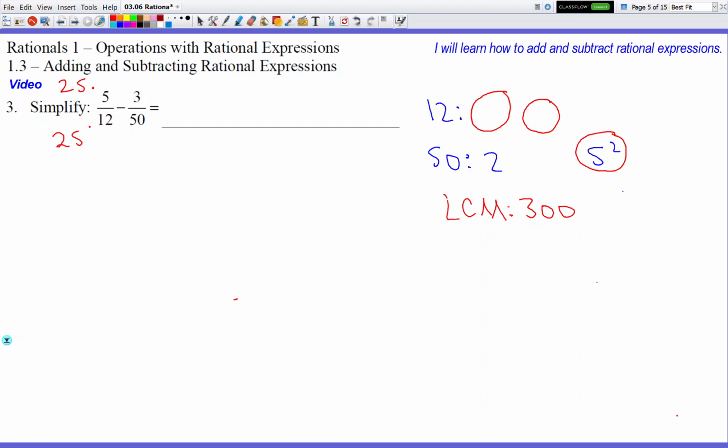Okay, so let's rewrite the numbers I erased earlier. So I think this was a 2 squared, and this was a 3. Okay, and let's figure out what I need to turn 50 into 300. So let's use that exact same technique. I'm going to erase the 5 squared because that's 25. And I'm also going to erase one of the 2's.